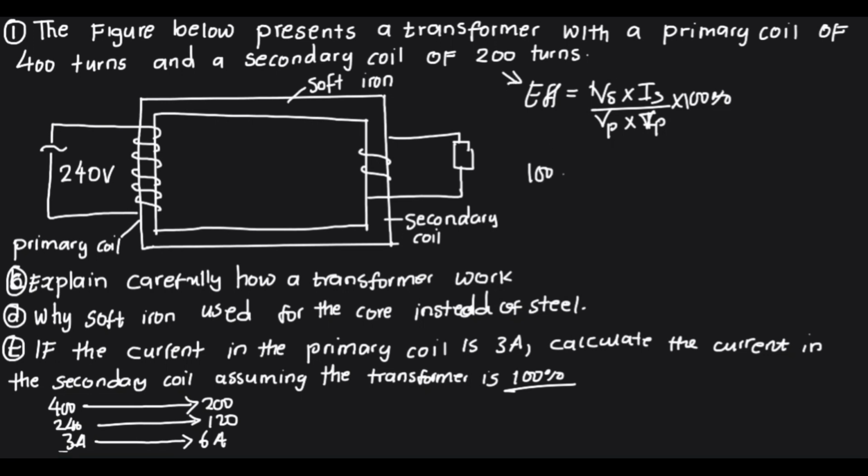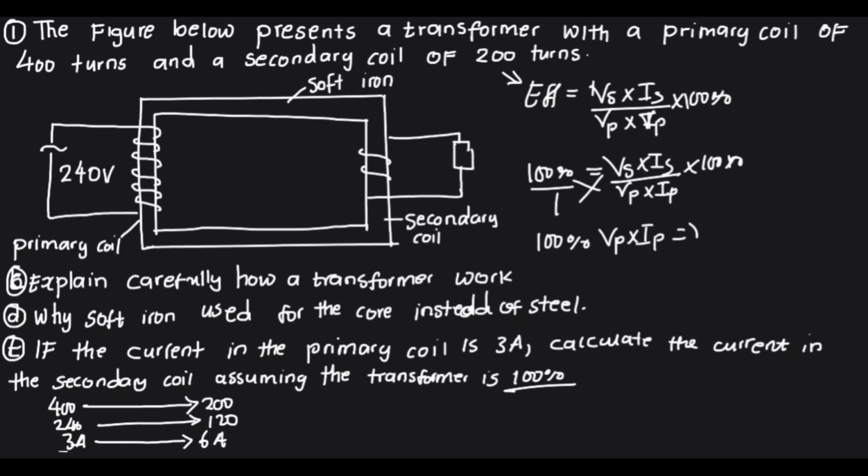So this will give us efficiency of 100 is equal to, let's just leave these expressions, VS times IS over VP times IP multiplied by 100%, so over 1 we can cross multiply. So if we multiply, we get 100% VP times IP is equal to VS times IS times 100.